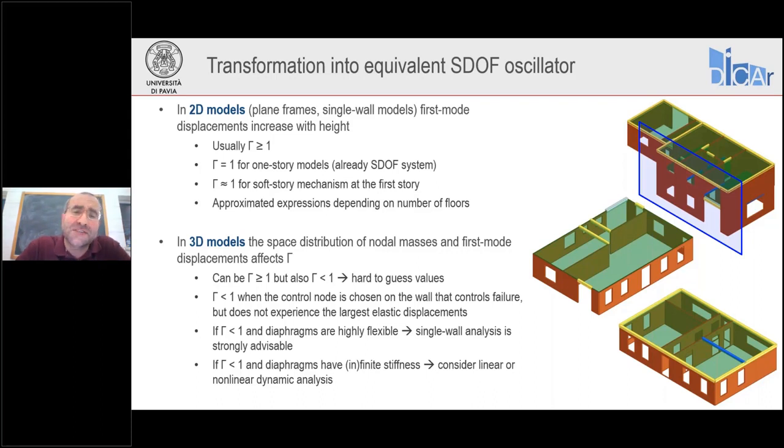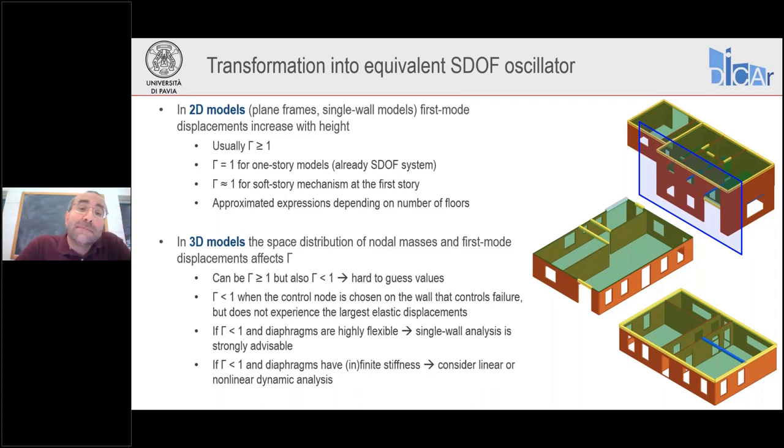Now, if this happens and the diaphragms, the floors of our structure, are flexible in their plane, then we may move to a single wall analysis. And in this case, we will analyze individual walls as plane equivalent frames, and things become again quite easy because we go back to the 2D models for which all these considerations were initially developed.